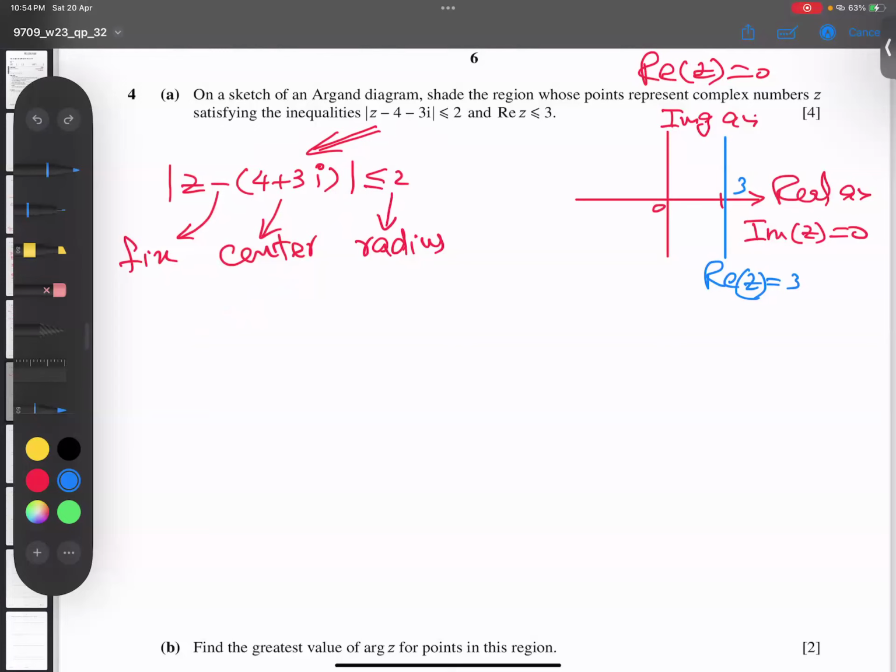Now 4, 3 means along x 1, 2, 3, 4 and along y 1, 2, 3. So this is a point, and I'll draw a circle of radius 2. So this must be 1, and the total is 3. Okay, I think we've got the point.